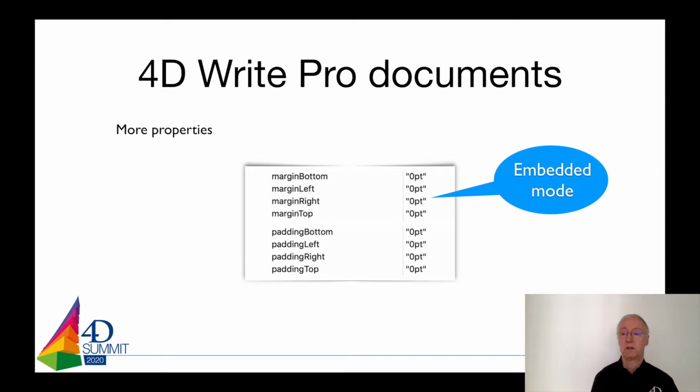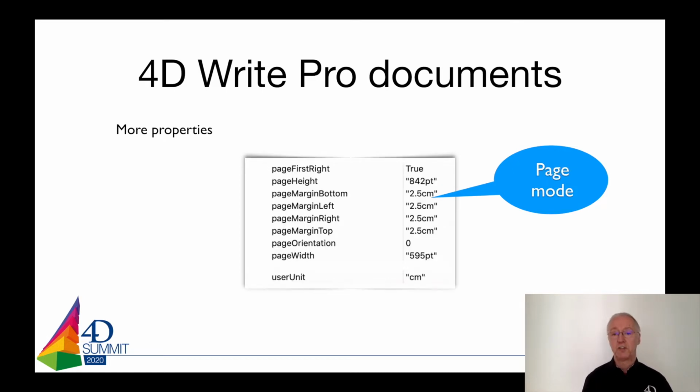Margin and padding are different when you're in embedded mode. Embedded mode is just like web mode. And when you go to page mode, it's page margin left, page margin right, that you have to manage if you want to modify the attributes directly using the FolioWrite Pro documents. So this is different.